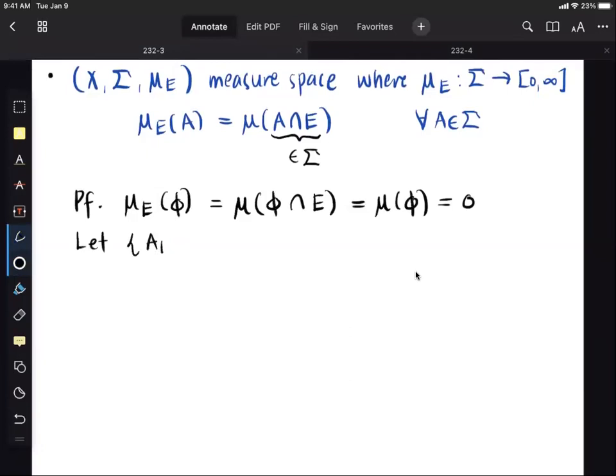So for that, let us consider a countable collection of subsets of X, which belongs to the sigma algebra. And this countable collection is also pairwise disjoint.